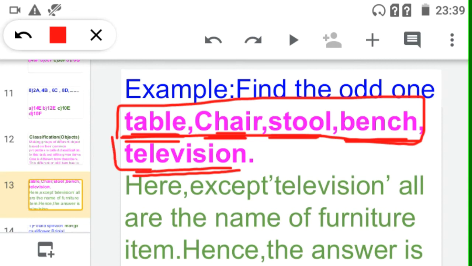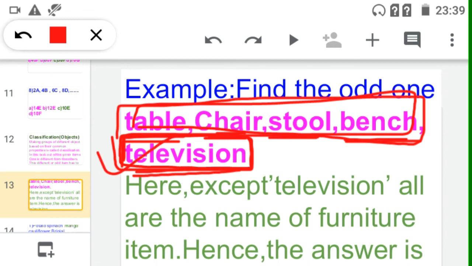So television, it is the odd one. Television is having different properties from these 4 things. Correct now? So television has different properties from these things.